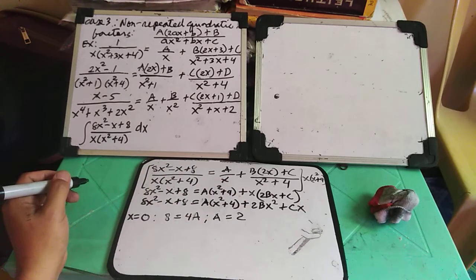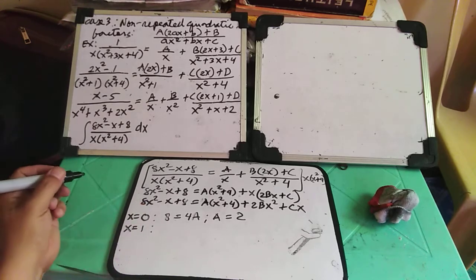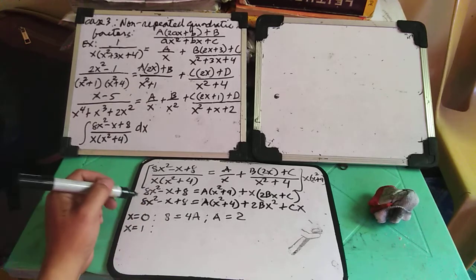Then assign any value of x to solve for the other unknown variables. Let's say x equals 1, the smallest, so it's easier to evaluate.